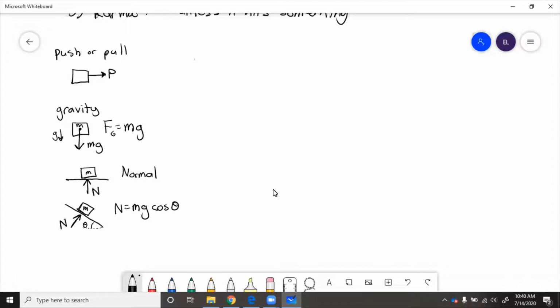Another type of force is a spring force. So let's say we have a block here. It's connected by a spring. The spring has a constant K and an initial length, L initial. So this is the unstretched length.